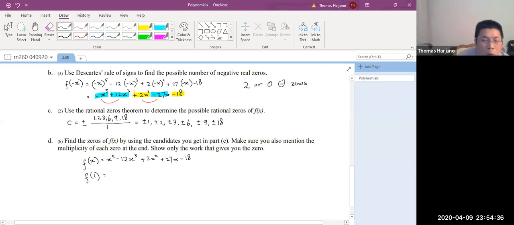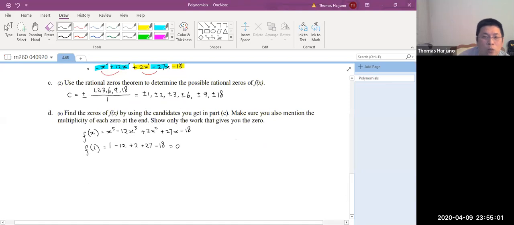So you will only add the coefficients. And here, when you add the coefficients, it happens to be 0. Now, that implies 1 is a zero.